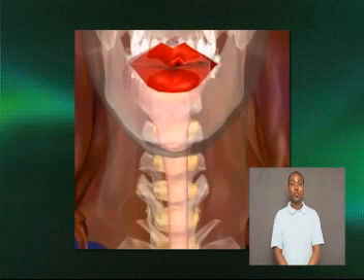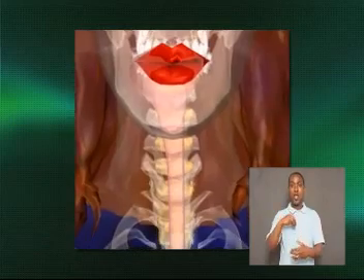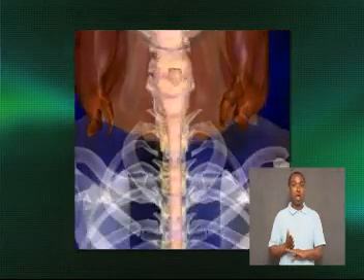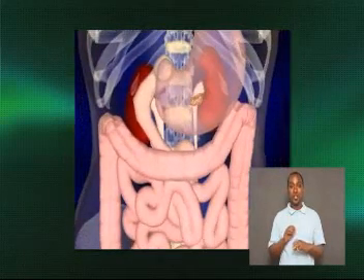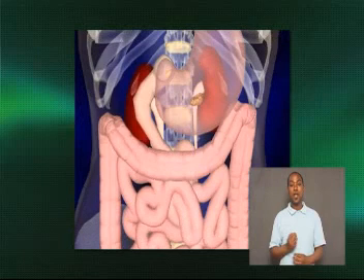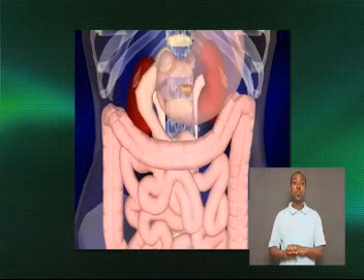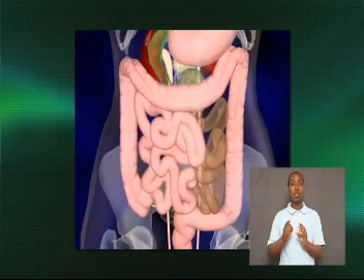When food is ready to enter the small intestine, it has gone through quite a journey in the body up until that point. The food that enters the small intestine is partially digested and in the form of a paste.